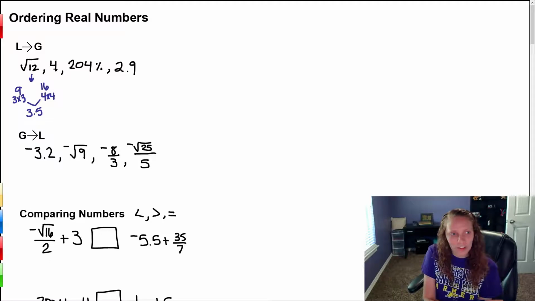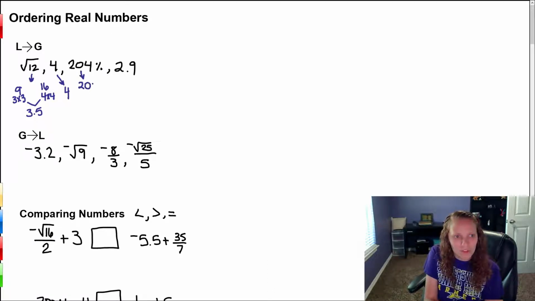Okay, 4 does not need to change. We'll keep that number the same. 204%. Now when we change a percent to a decimal, there's an imaginary decimal after that 4.